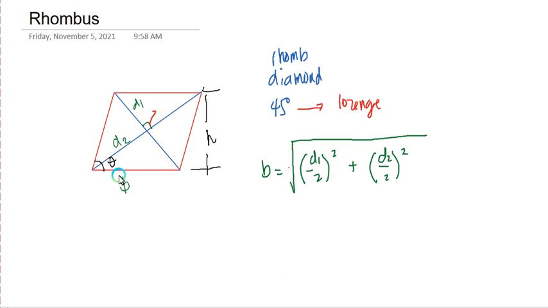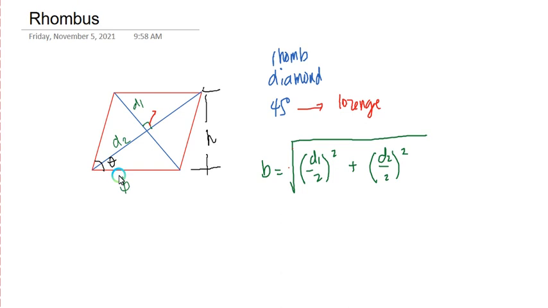So using the Pythagorean theorem, the diagonals may be obtained in a similar manner as when we apply it to the parallelogram. So we can look at or solve a rhombus using the formulas of a parallelogram.